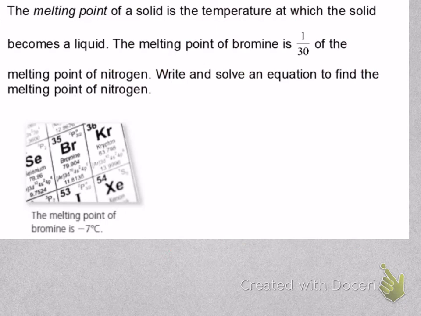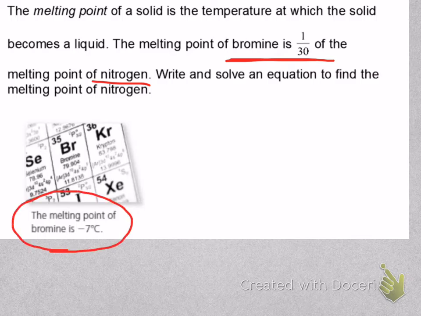Okay, the melting point of a solid is the temperature at which the solid becomes a liquid. The melting point of bromine is 1/30th of the melting point of nitrogen. Write and solve an equation to find the melting point of nitrogen. Well, I can see down here it says the melting point of bromine is negative 7 degrees Celsius.